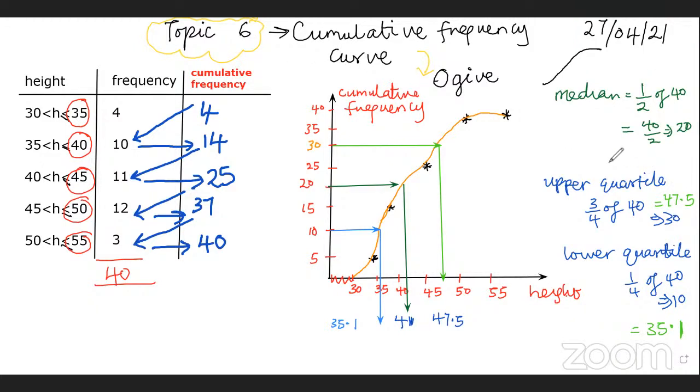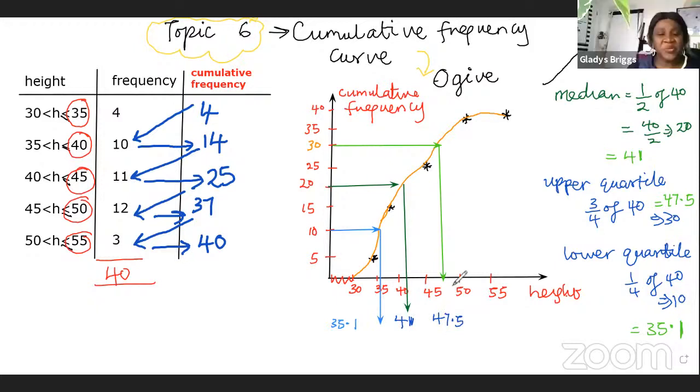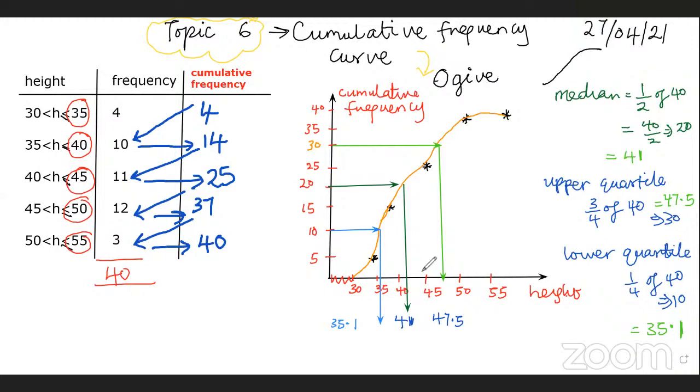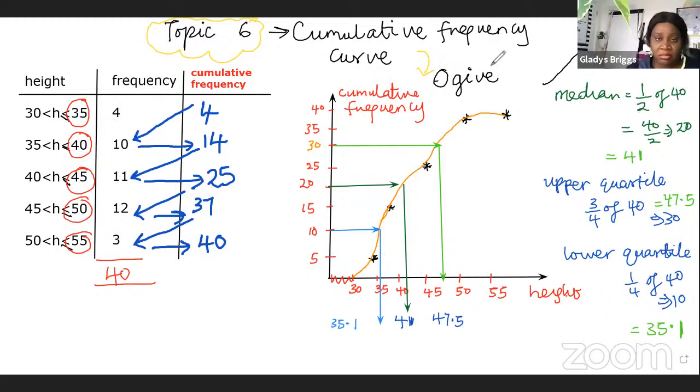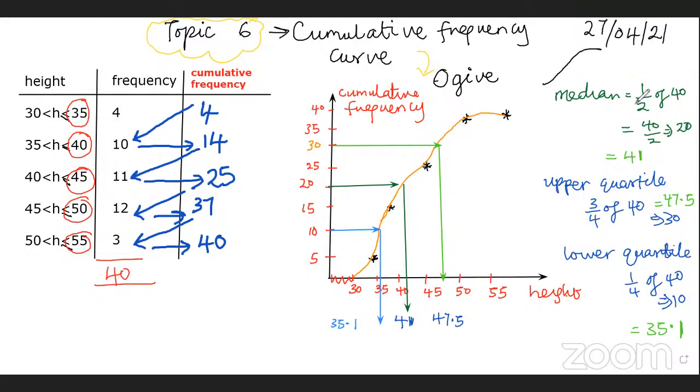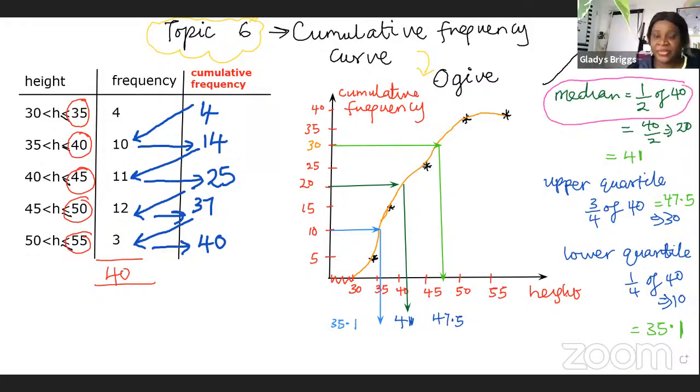Teacher, I don't understand the last part. Where does the half come from? This is the formula. You need to know them. The median is always half of the data.